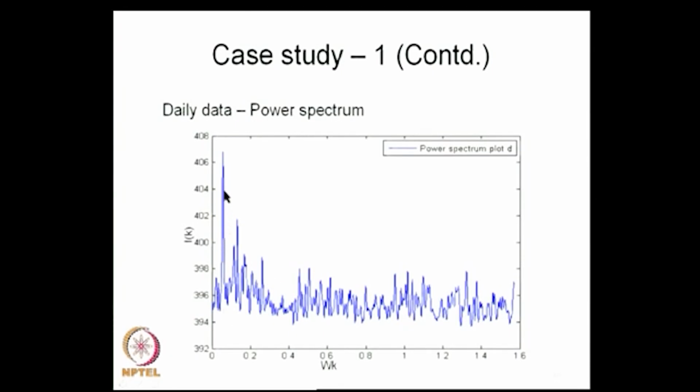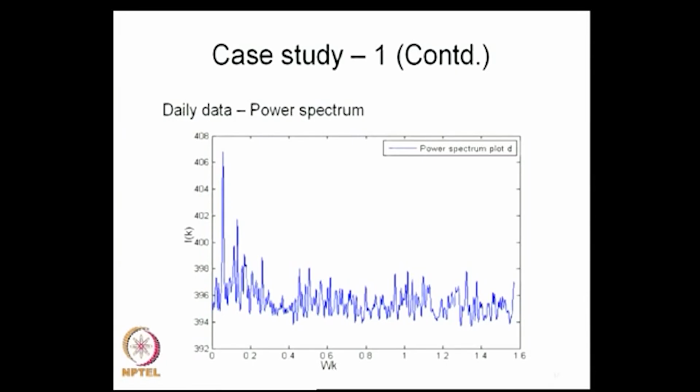It indicates that there is some contribution to variance somewhere around just less than 0.1 and so on, but by and large it is spread. There is no significant value around which there is a contribution to variance.